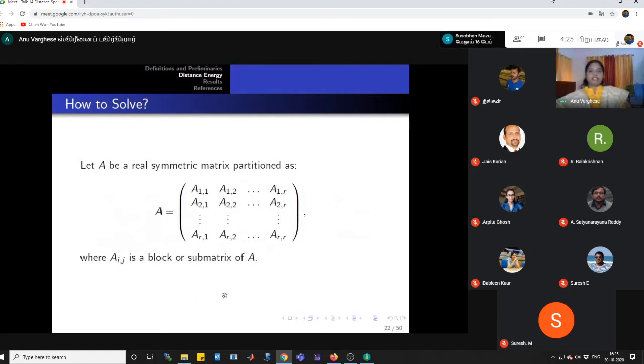And we can use different methods to solve these problems. One is the method of having equitable partitions. The equitable partition I am going to define.